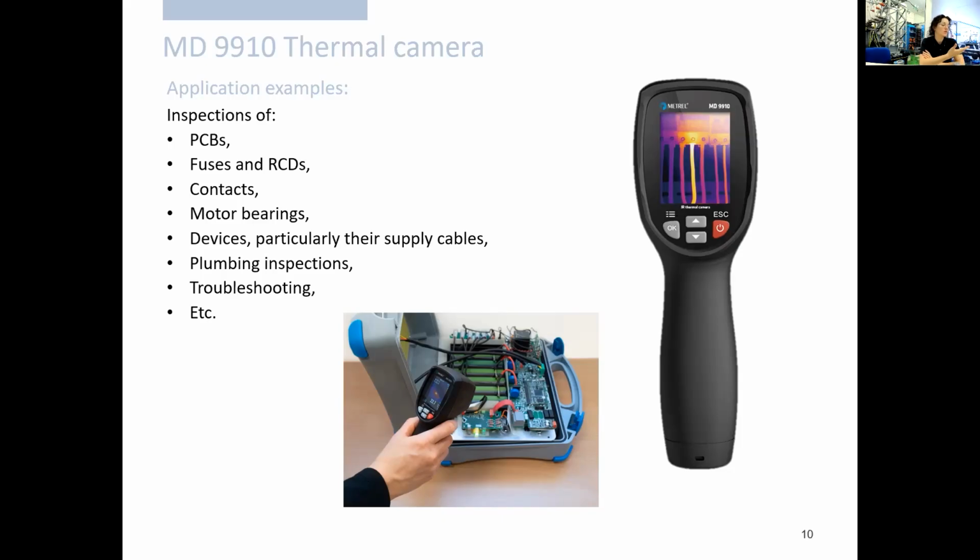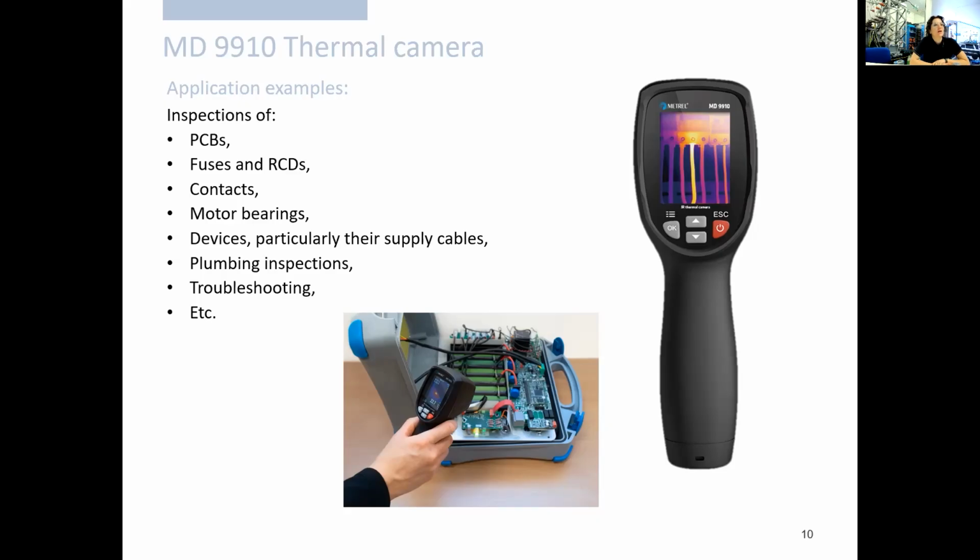And therefore, the examples of successful inspections with these cameras can be, let's say, PCBs, fuses and RCDs, contacts, motor bearings, devices, particularly their supply cables. The plumbing inspection, I mentioned valves earlier, general troubleshooting or service troubleshooting.